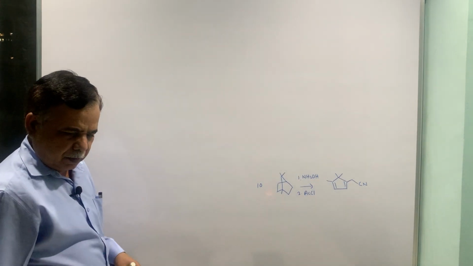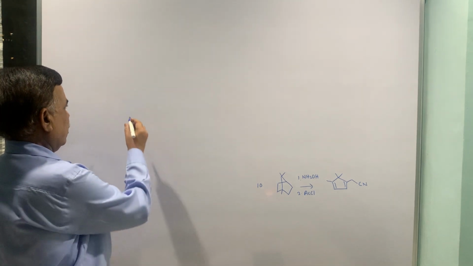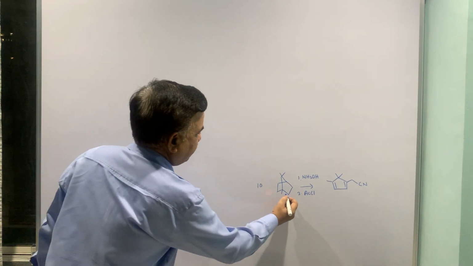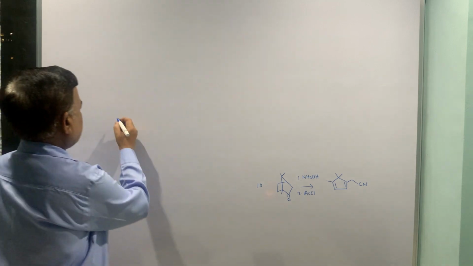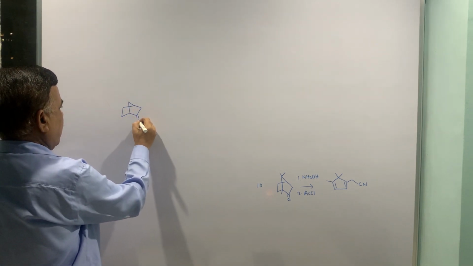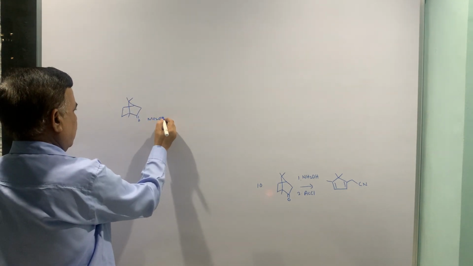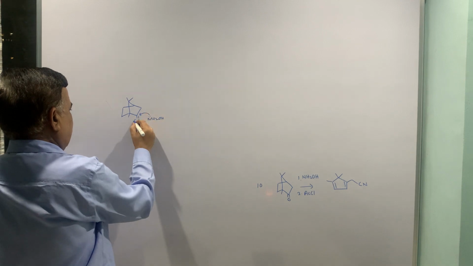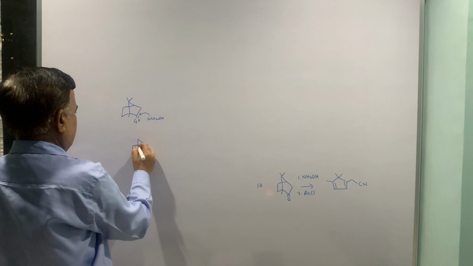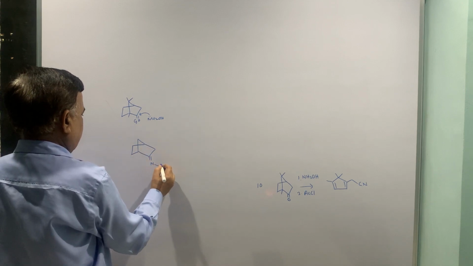One more example. This ketone, and then this will add eventually, this compound will become oxime.